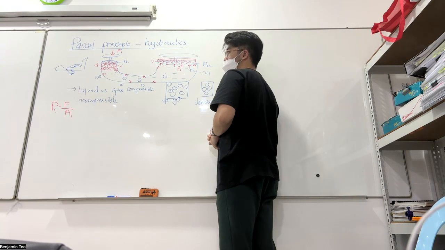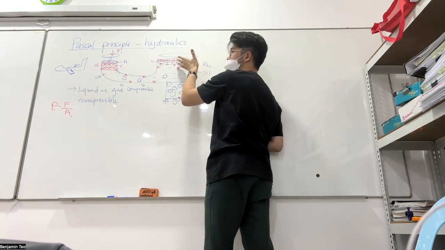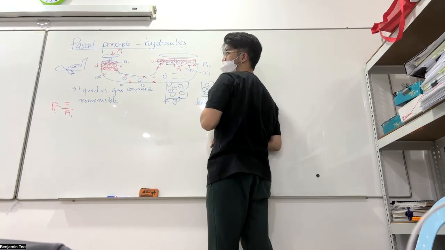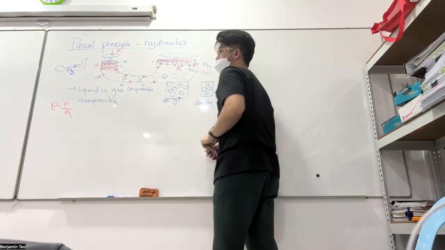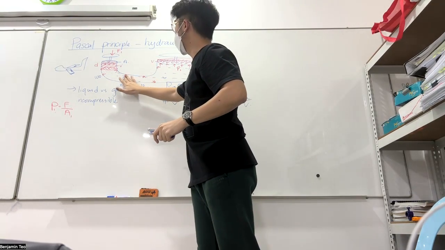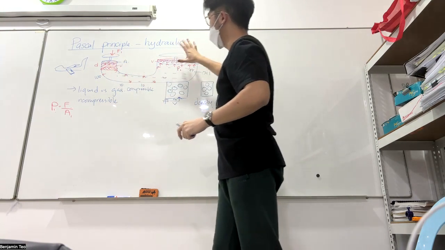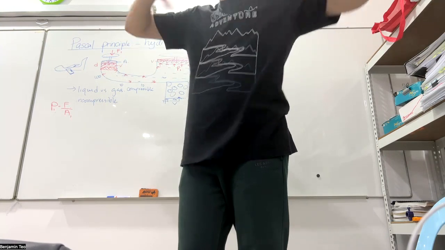If you have air bubbles, it's going to affect the performance. How much pressure you apply here, you will not receive the same amount on the other side, because the air bubbles are compressible. Okay, that is the only one condition. That is why this whole thing must be airtight, fully filled with liquid and fully closed.